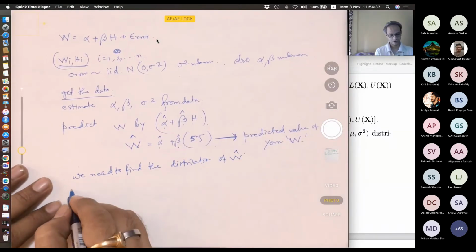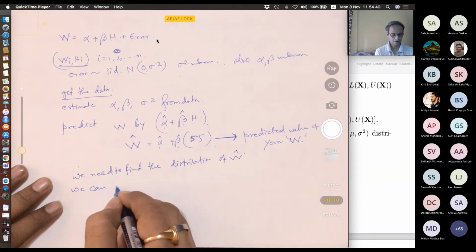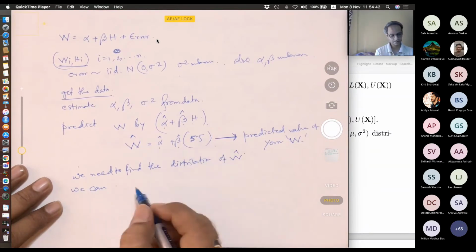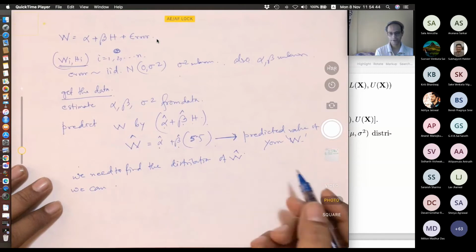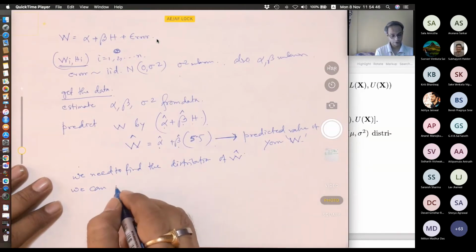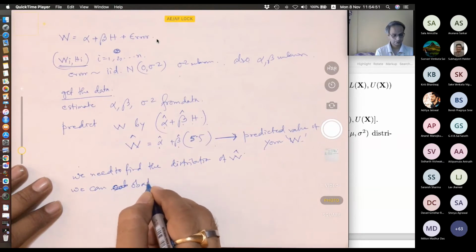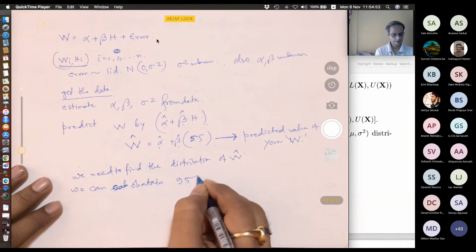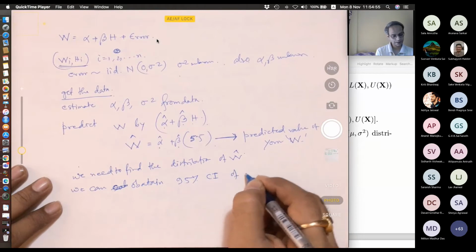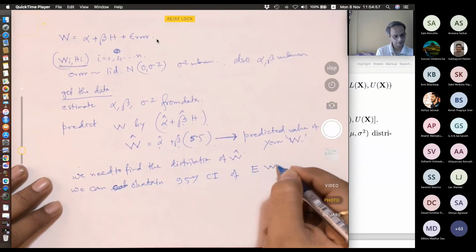If you go by this, you will get that W hat follows some normal distribution. We can obtain a 95% confidence interval of the expected value of W.